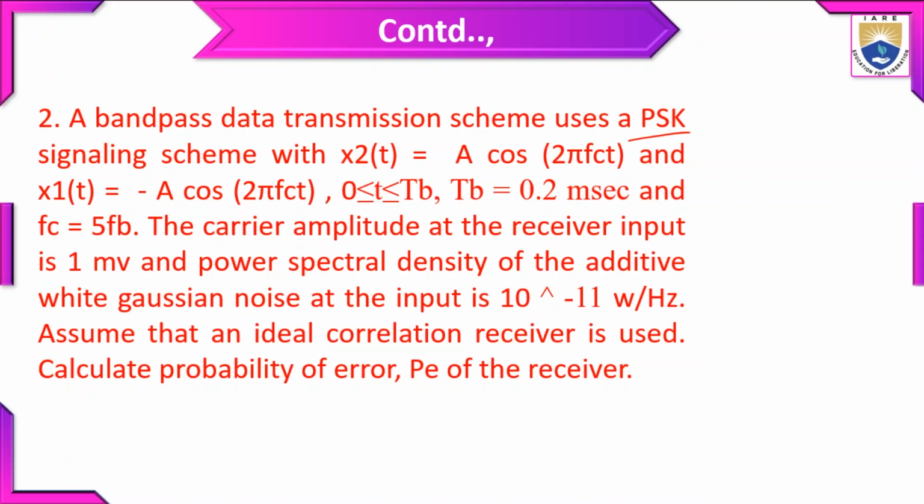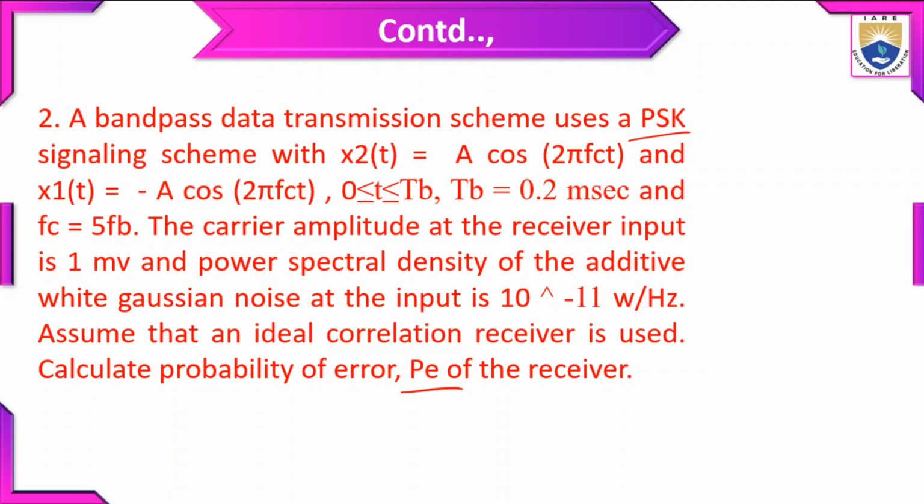Assume that an ideal correlation receiver is used. Calculate the probability of error of the receiver. So in this problem they ask the probability of error. We already did a similar problem in ASK also, but in the ASK the given probability of error must be less than some value. Here you have to find the probability of error of the receiver. So the scheme used is the PSK scheme.